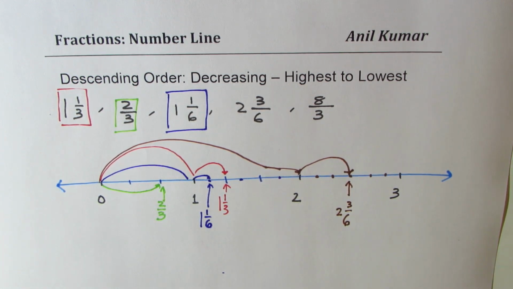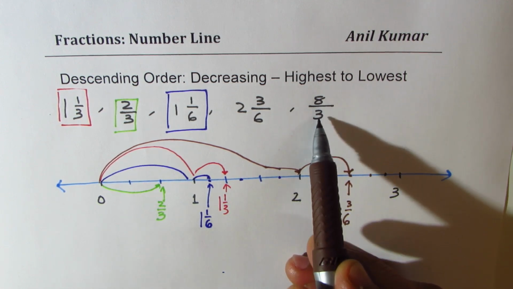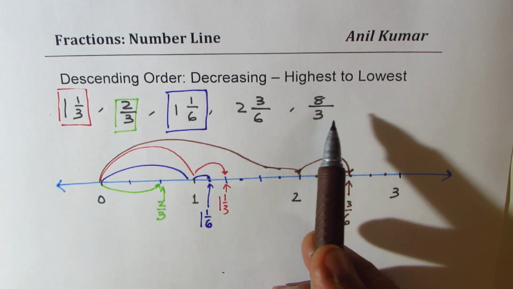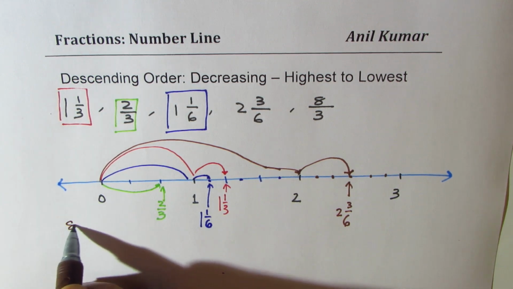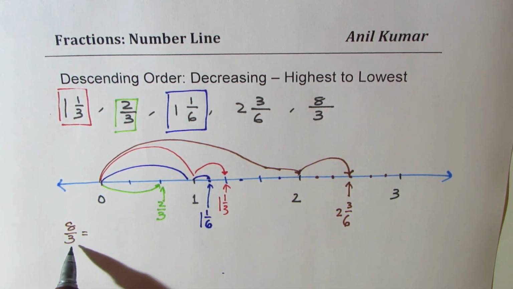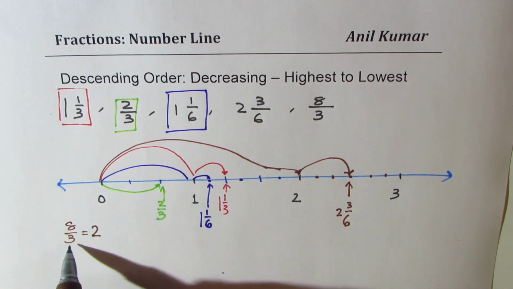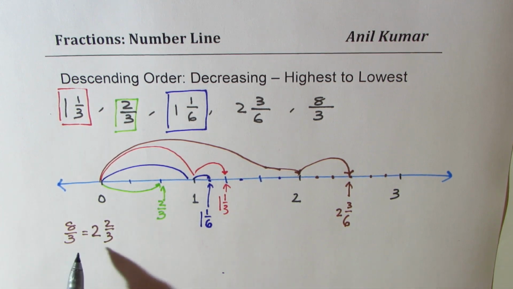Correct? Now let's do the last one, which is 8 over 3. Now 8 over 3 means you have to take 8 1/3s, right? You could do that. So let me write down 8 over 3 in a different way. When I say 8 over 3, it could also mean dividing 8 by 3, we get 2 wholes. 3 times 2 is 6, 2 remains. 2 over 3, right? So it could be 2, 2 over 3 also.